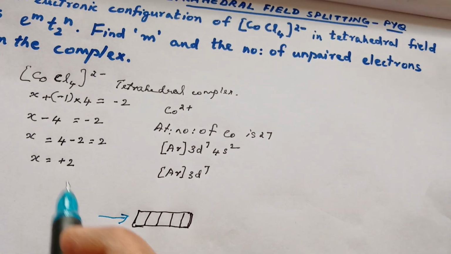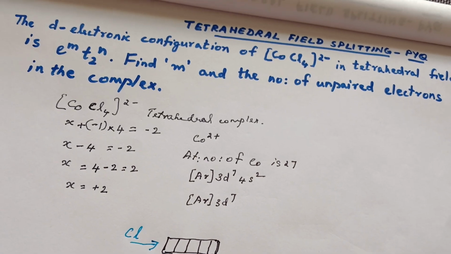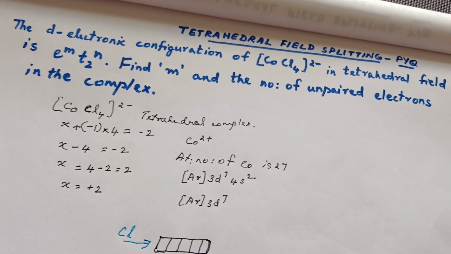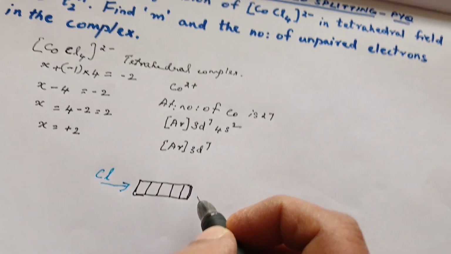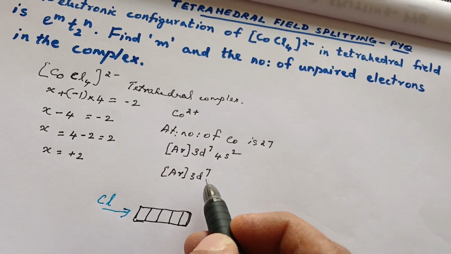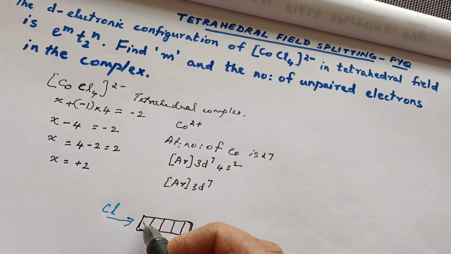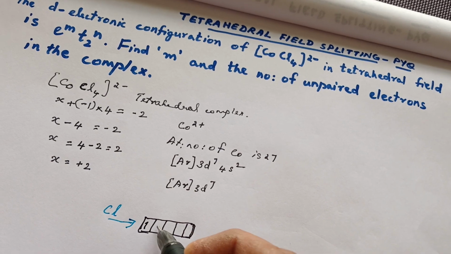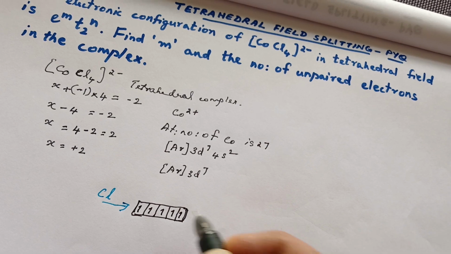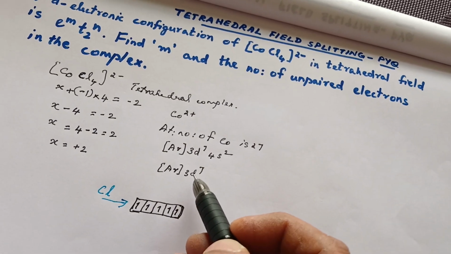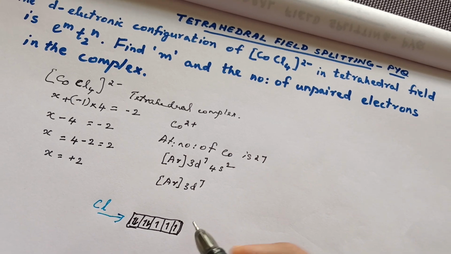The ligands, as you know, are chloride ions, in the tetrahedral field. So how many electrons are there? 7 electrons. Let us place those electrons in the orbitals. 1, 2, 3, 4, 5. 7 electrons are there. So first one will be paired, second one will be paired.